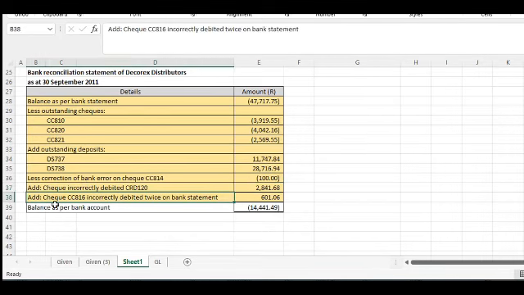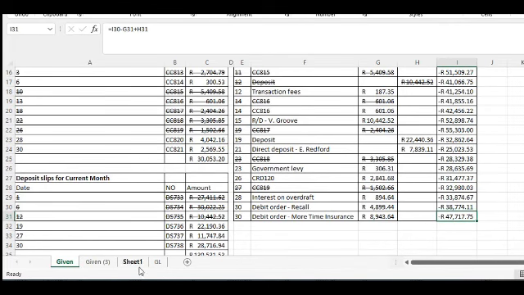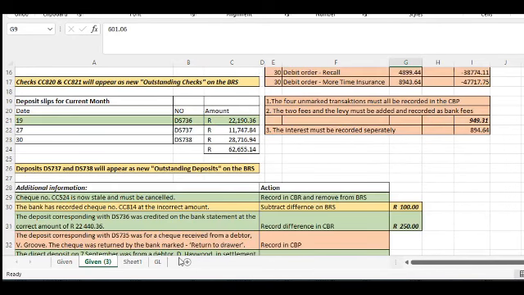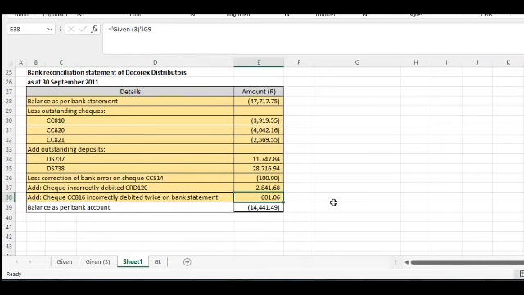And then of course there was also this check CC816 that was incorrectly debited twice. Remember, I said to you that it was incorrectly debited twice. We left it here, and we said that it must come onto our bank recon statement, and indeed it is the case, and we get 60106.